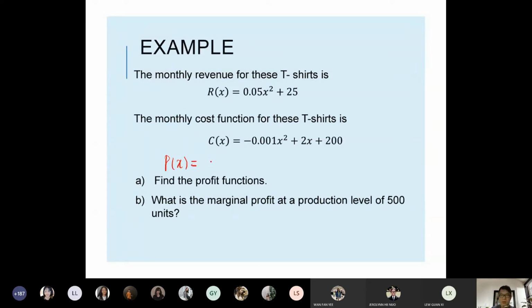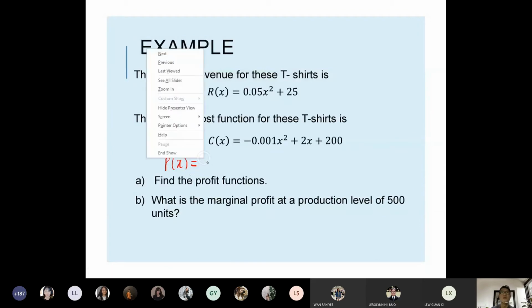Do you still remember the definition of profit function? How to find your profit? Let's say you're doing business, how to find the profit? Revenue minus cost function. Okay, very good. It's revenue minus cost.